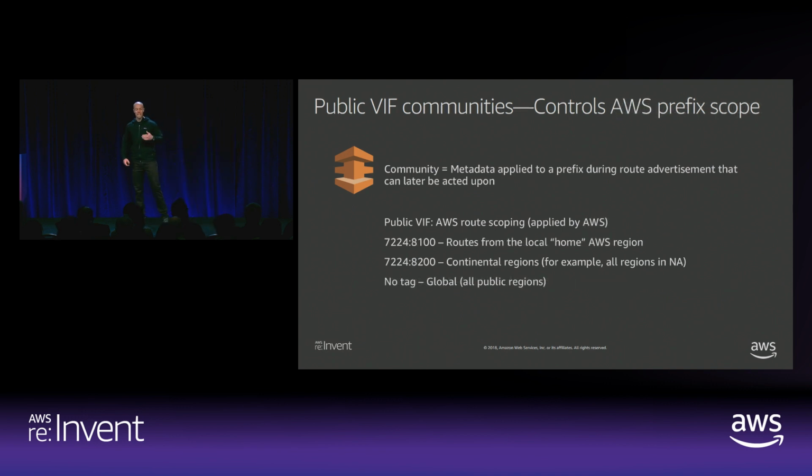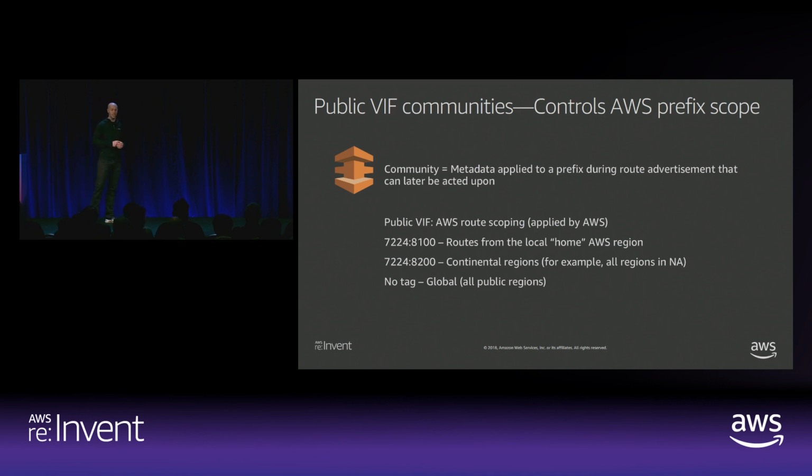AWS also applies community tags to the routes we advertise to you over these public VIFs. We do this to help you filter based on geographies you may not be interested in. If you're connecting to AWS in North America and you only use North America-based resources, you have the ability to filter routes that you learn from Direct Connect with the 7224:8200 community tag.